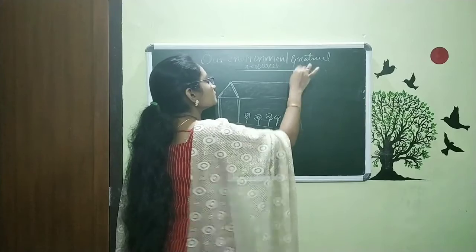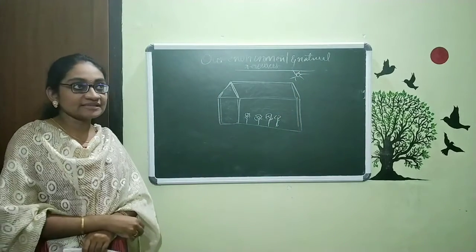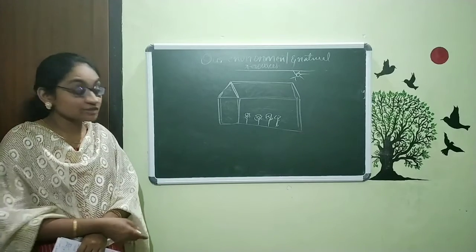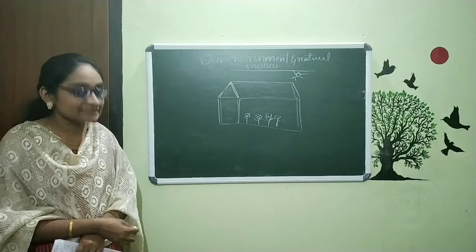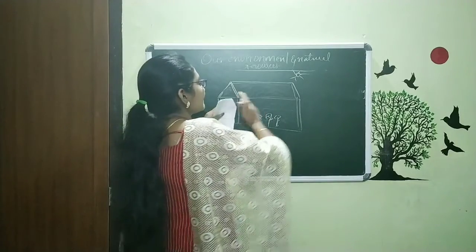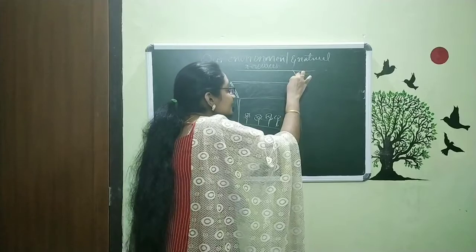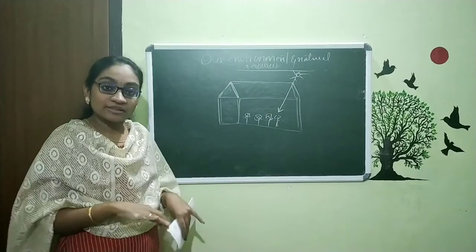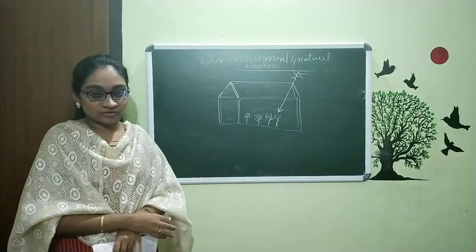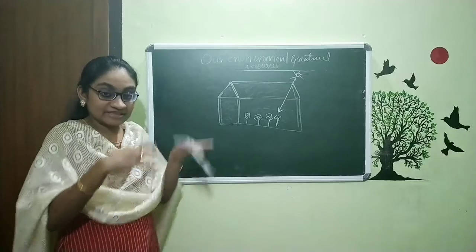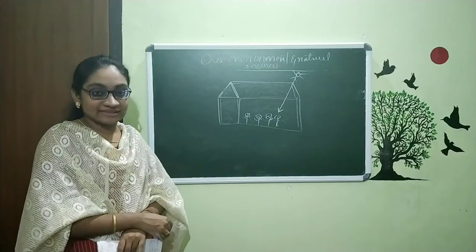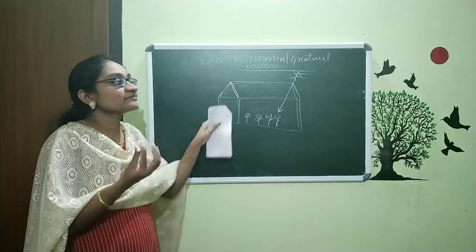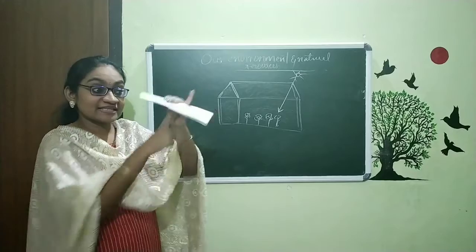Here our sun is there. We are saying that it is at a particular temperature, it is warm. Who is giving the temperature to these plants? Obviously it is the sun. This is made of glass, so the sun rays, the heat, come from the sun into the greenhouse. The heat comes inside, but it is not possible to escape from the glass to the outside.